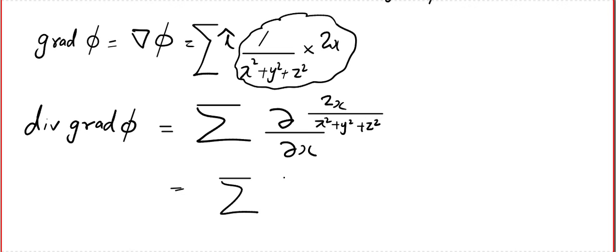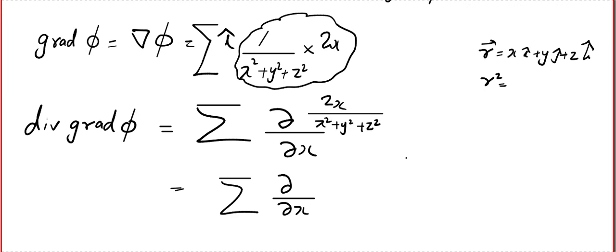Sigma, what is the denominator? Denominator is actually r squared. Are you able to see that? If r is xi plus yj plus zk, the denominator is r squared, x square plus y square plus z square. So this 2 goes outside and we get x divided by r squared.